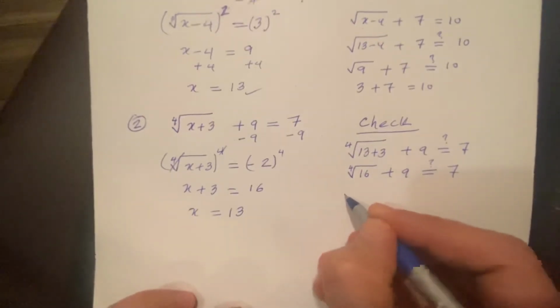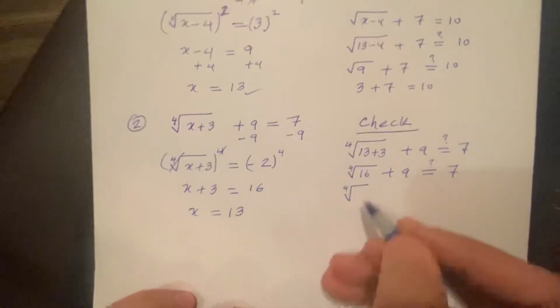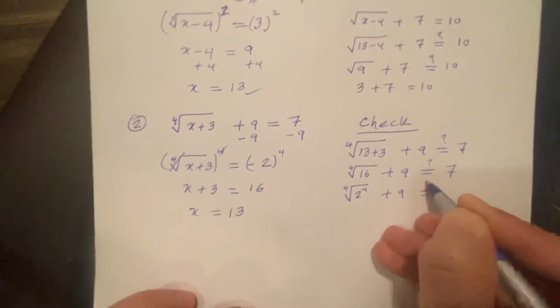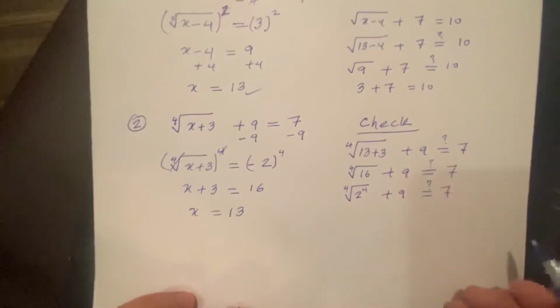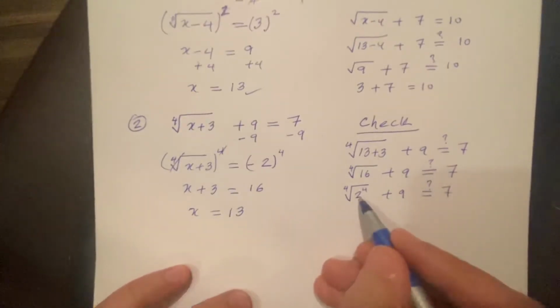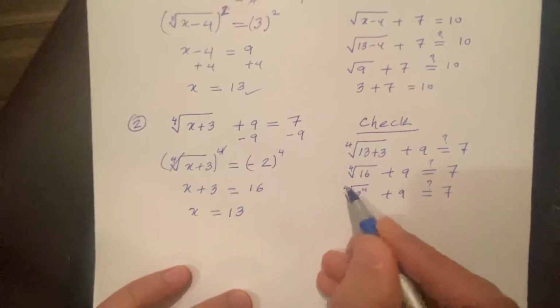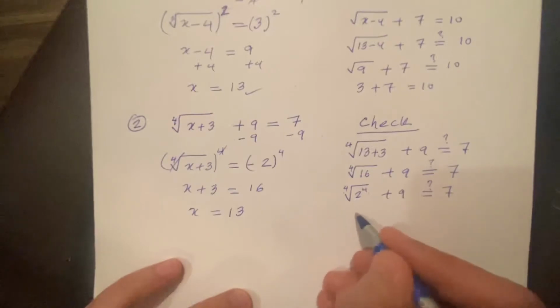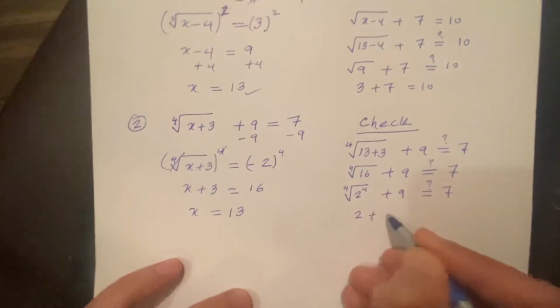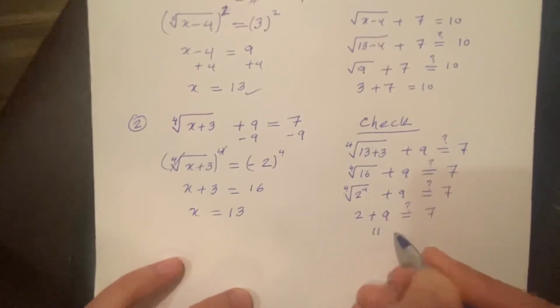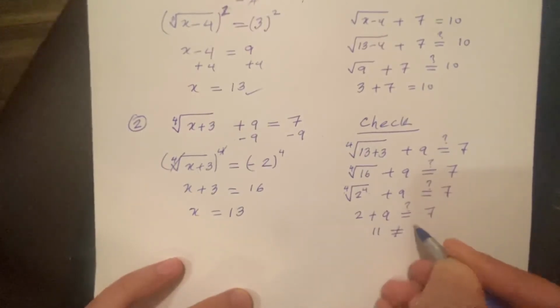Because 16 we can also write as 2 to the power 4, plus 9 is equal to 7. So now, the root is 4, the index is 4, we have 4 here, so we can cancel that. So basically here we're just going to get 2 plus 9, so 11 is not equal to 7.